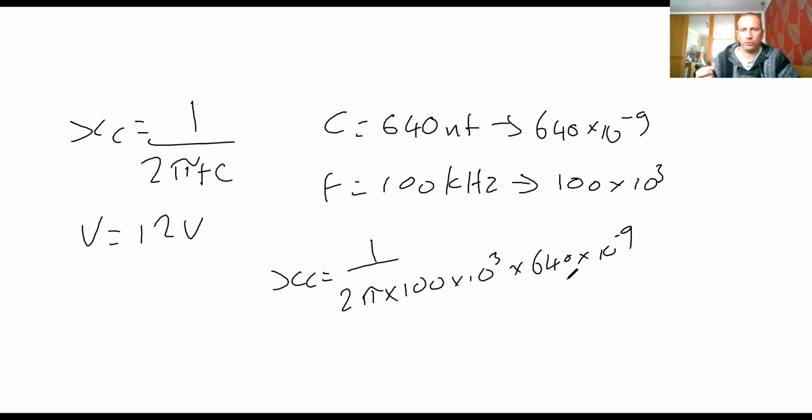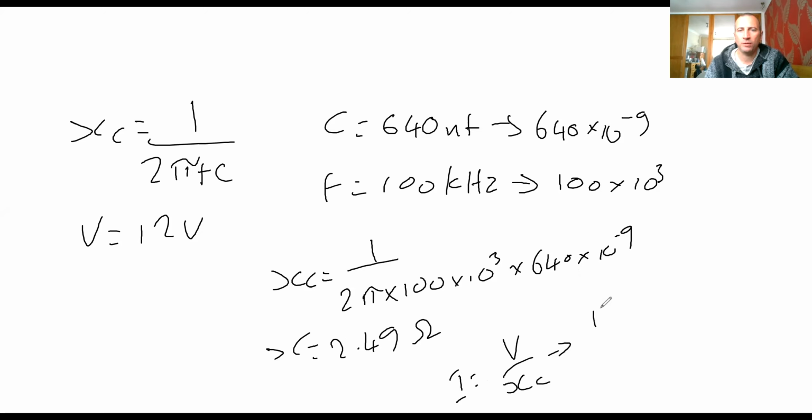So XC is equal to 2.49 ohms. And the same as before, your current, I, is equal to V over XC, which gives you 12 over 2.49.